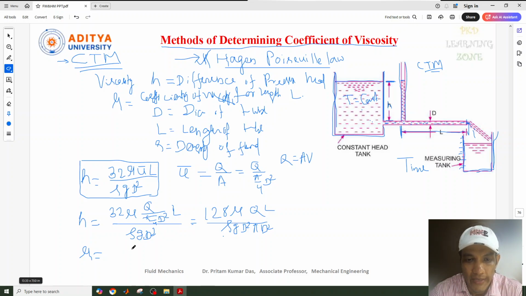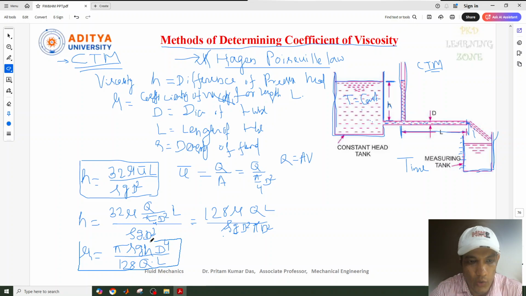We take the denominator terms across: pi rho g h, and d square times d square, which is d to the power 4, over 128 q into L, since mu is already taken out.